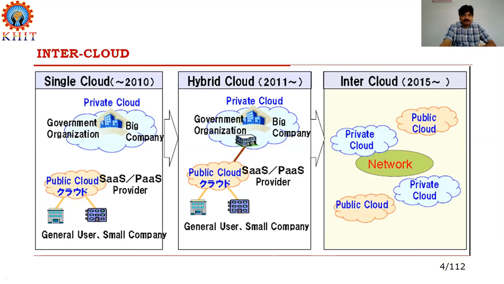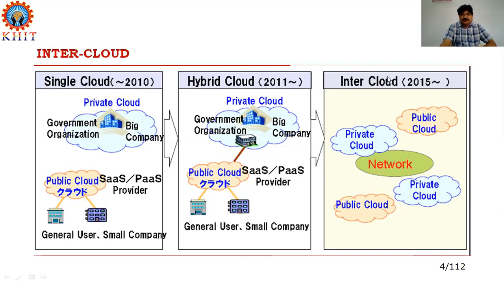A hybrid cloud is the combination of both private and public clouds. So we are familiar with single clouds like private and public cloud, and we also discussed hybrid cloud in the earlier class.